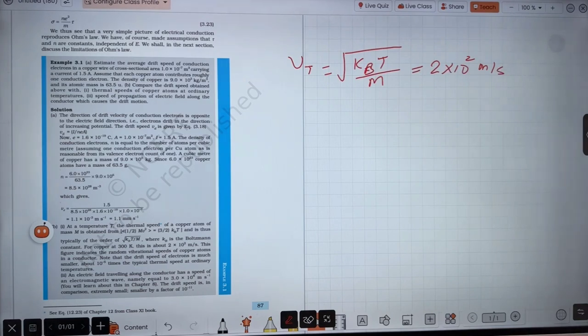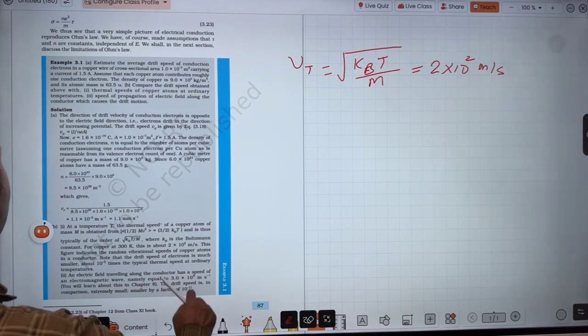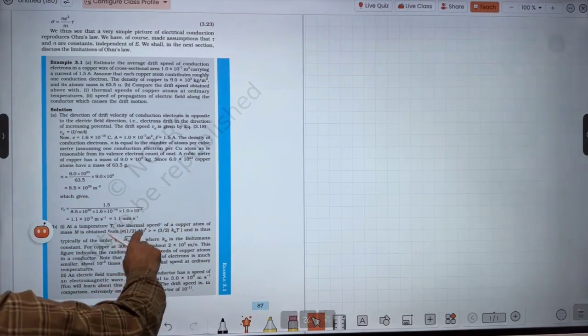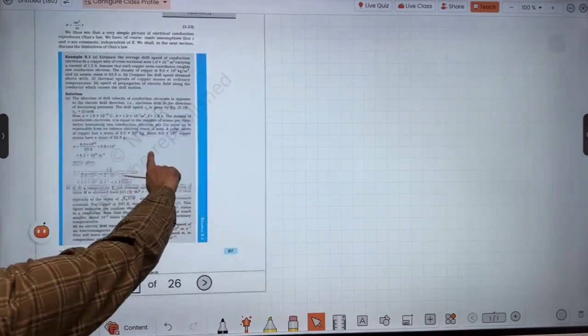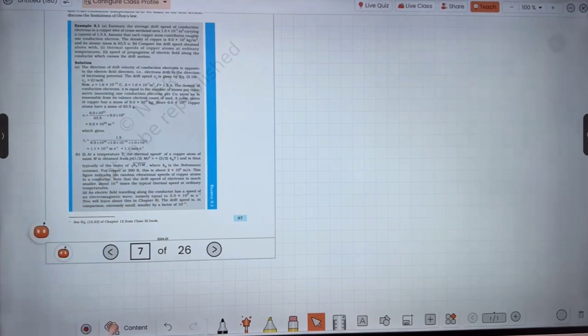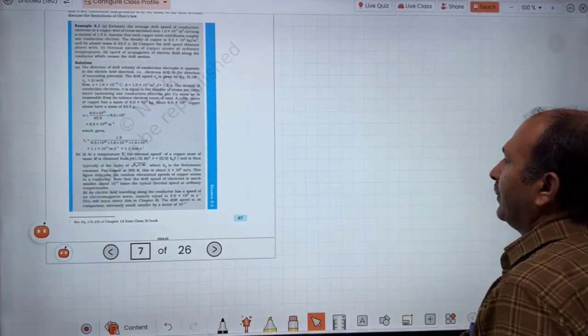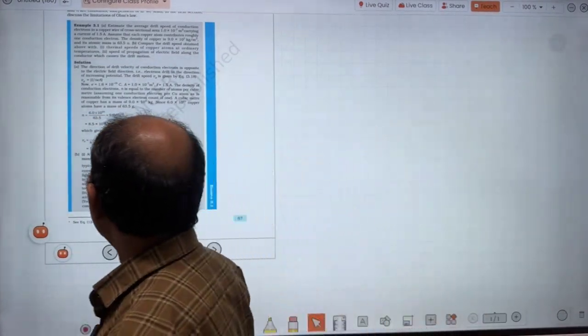And then the next part is the speed of propagation of the electric field along the conductor, which causes the drift motion. There is one basic concept that the electric field and magnetic field are mutually perpendicular and they travel in the form of electromagnetic waves.